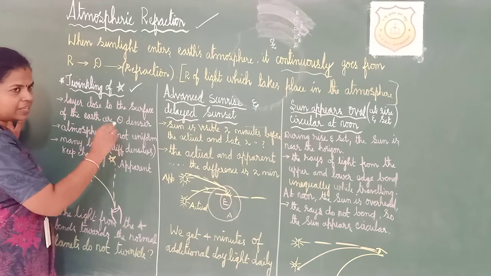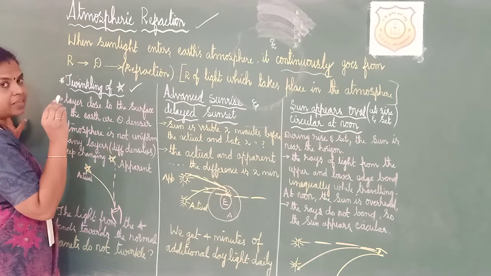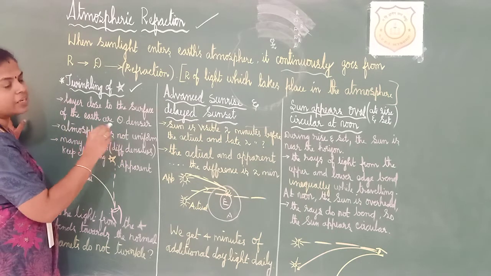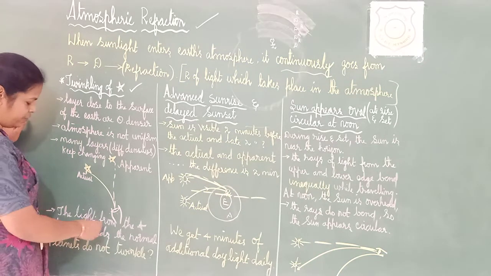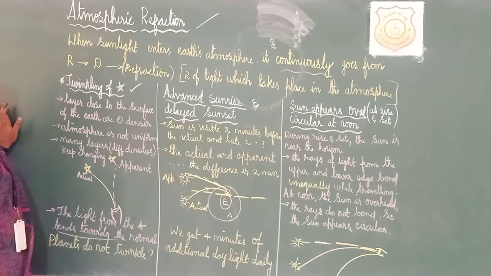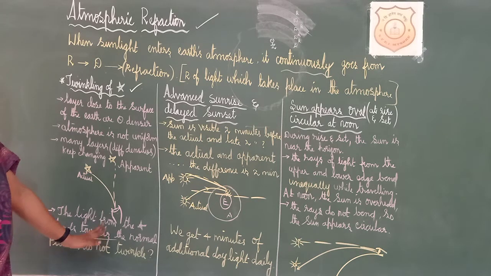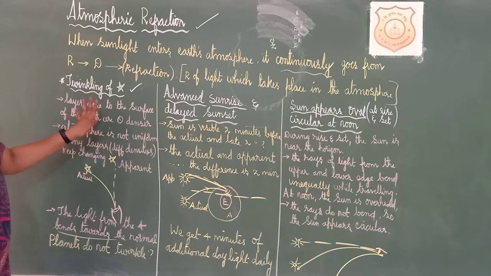So when it is crossing different layers, you feel that the star is twinkling because of atmospheric refraction. The light from the star bends towards the normal. We know the bending is happening because the light is traveling from rarer medium to denser medium. So when it moves like that, we feel that the star is twinkling.